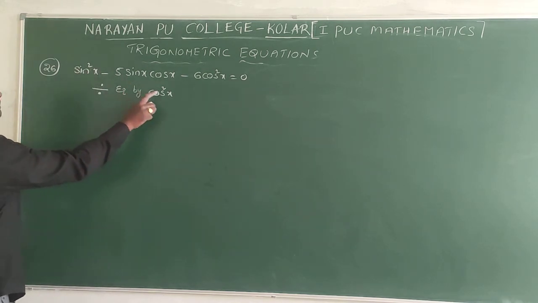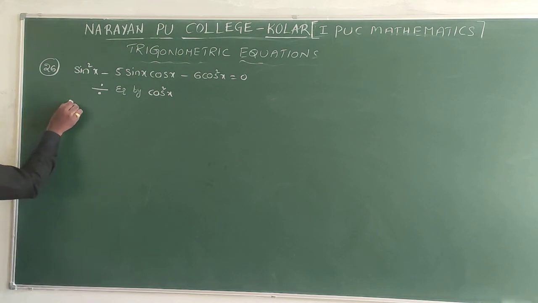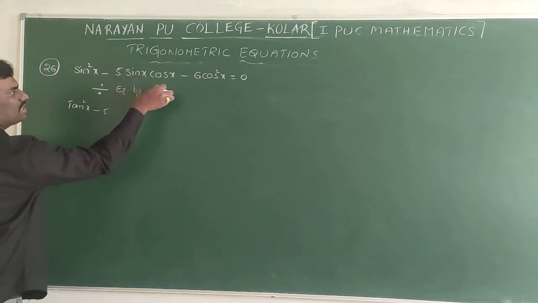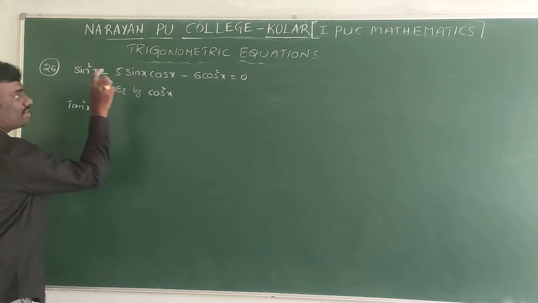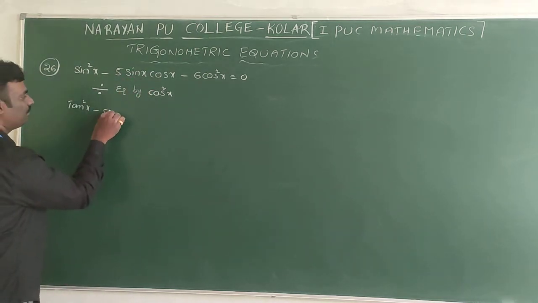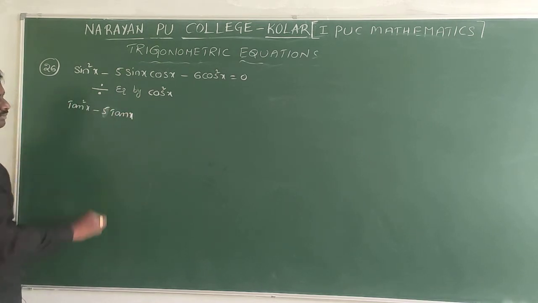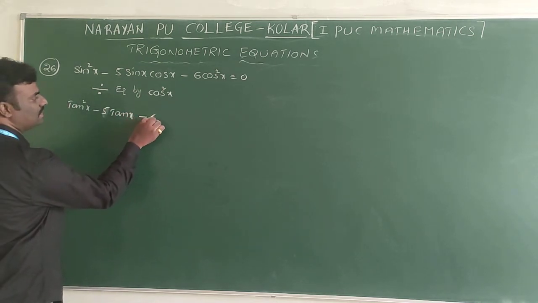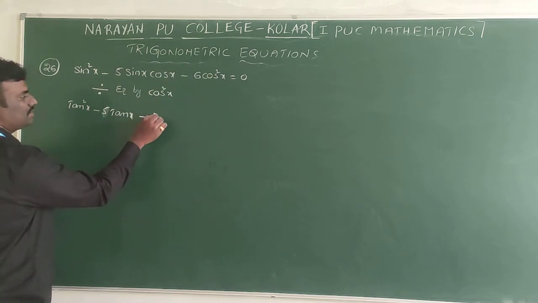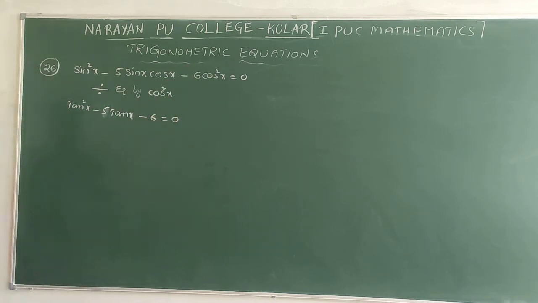Now, sin square by cos square, tan square x, minus 5. Here cos and cos get cancelled, sin by cos is nothing but tan x. Minus 6, cos square cancels, you will get 1. That equals 0. Finally, we got a quadratic equation in tan. You factorize this.